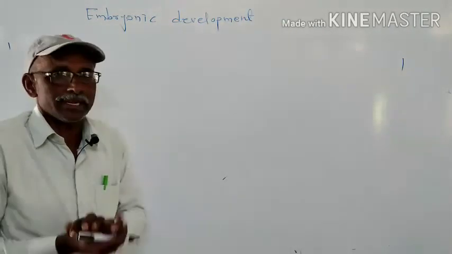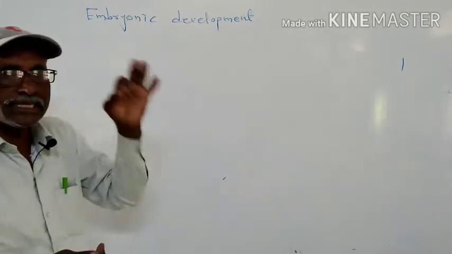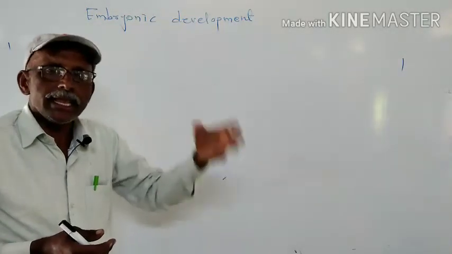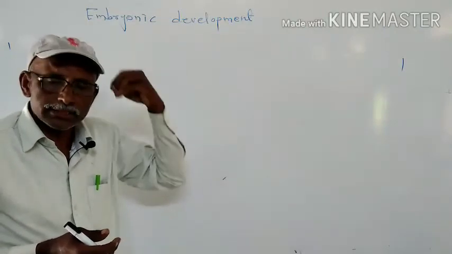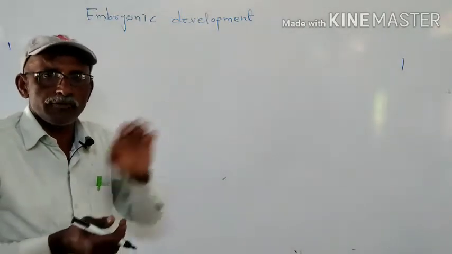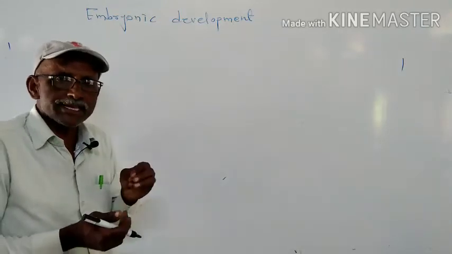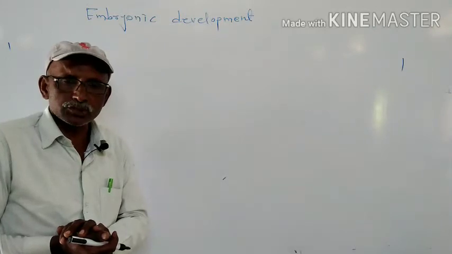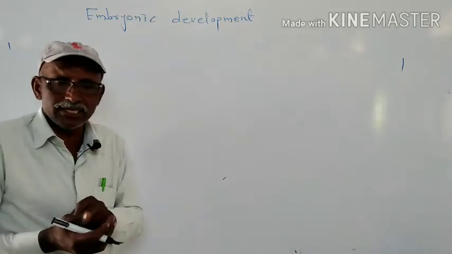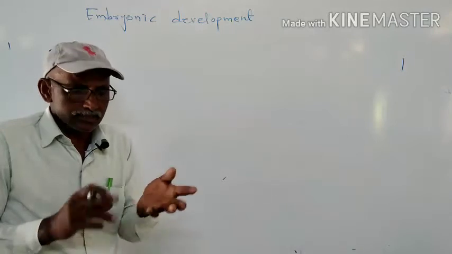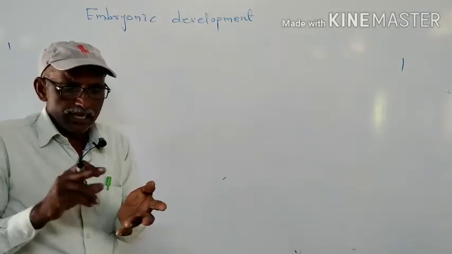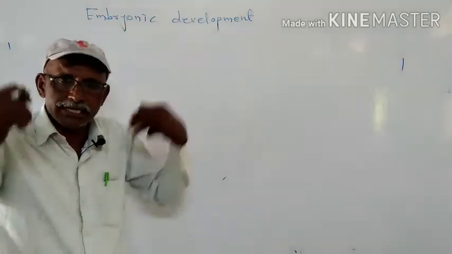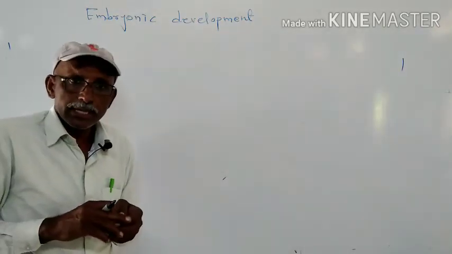Here, implantation is when the embryo is placed in the wall of the uterus, and that wall of the uterus is called what? Endometrium. We have seen the layers of the uterus, that is endometrium, myometrium and perimetrium. Endometrium is the innermost layer.